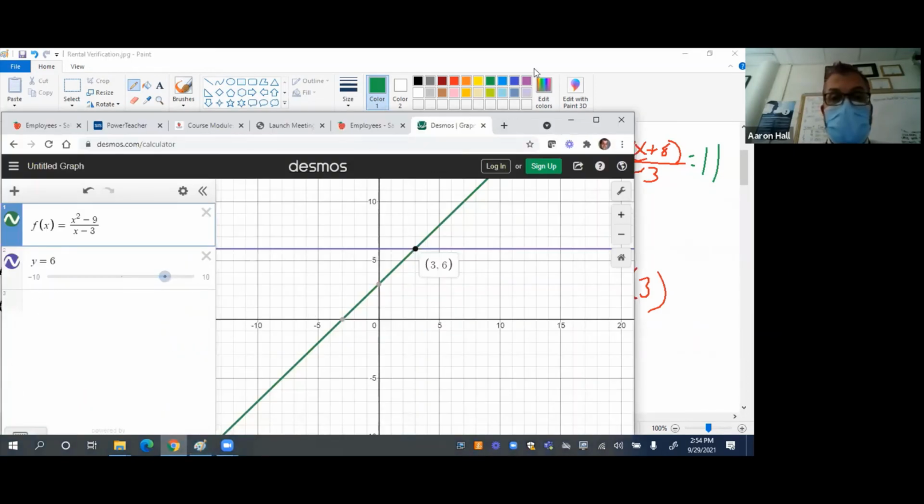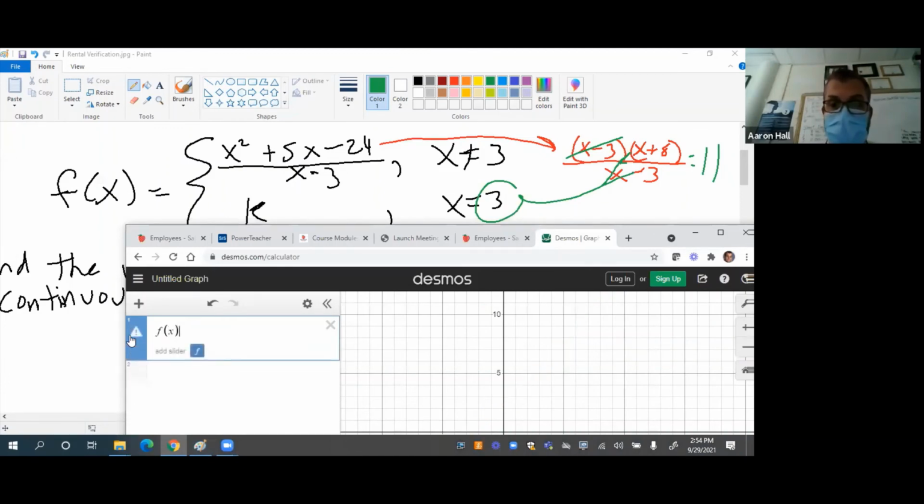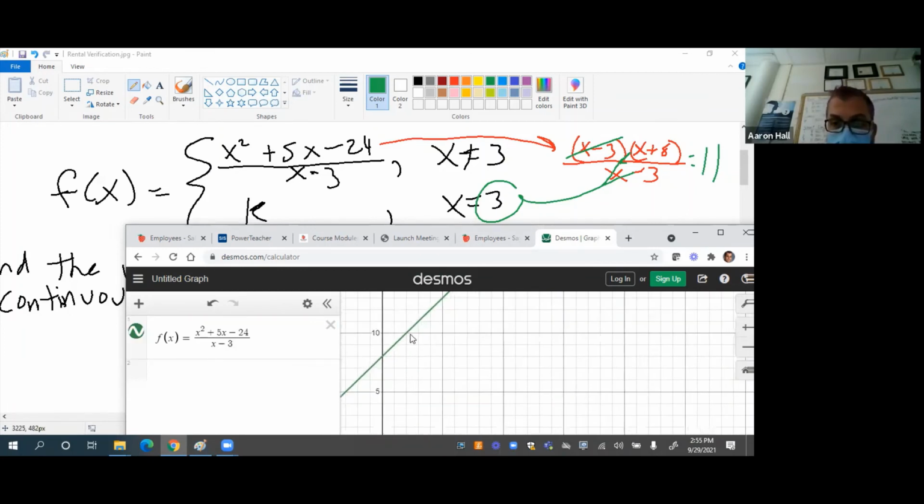So we have our equation of f of x equals, let's make sure we have a numerator and denominator, x squared plus 5x minus 24 over x minus 3. And we know that there's a hole here when x is 3. Let's see whether we have that right here. Miguel, do you see the hole?